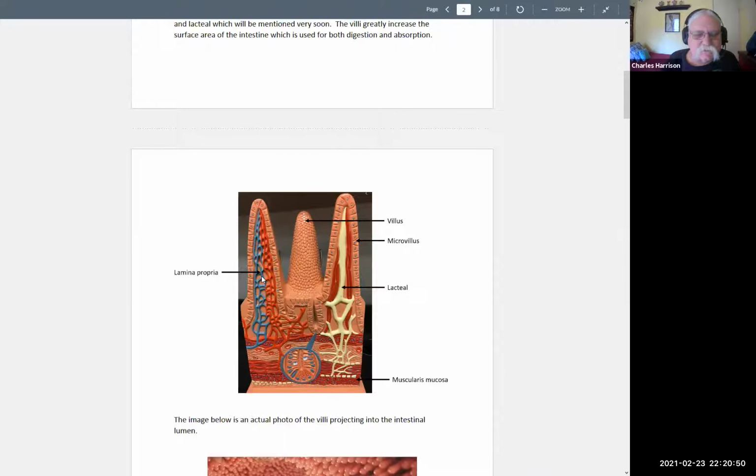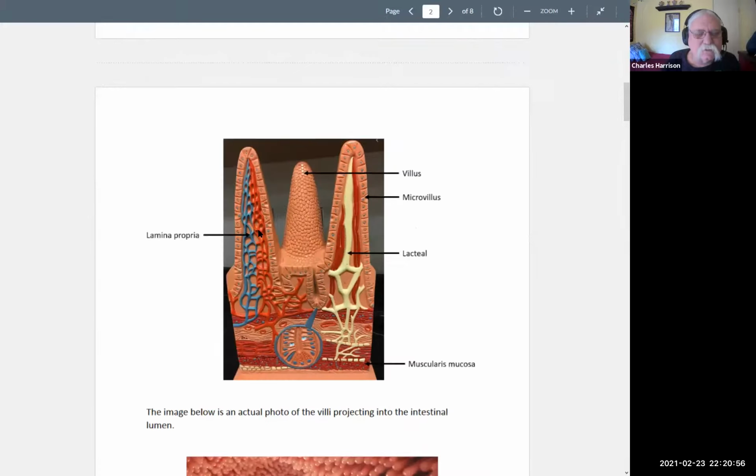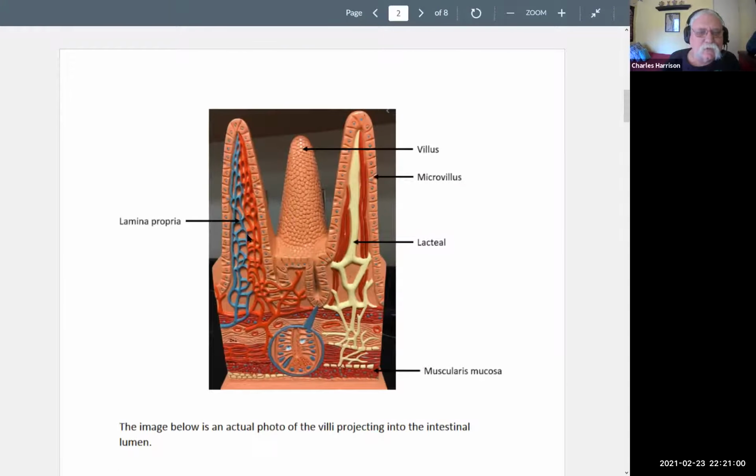This villus over here is showing you a network of capillaries, small venules, small arterioles. These are what absorb the nutrients from the lumen of the small intestine.